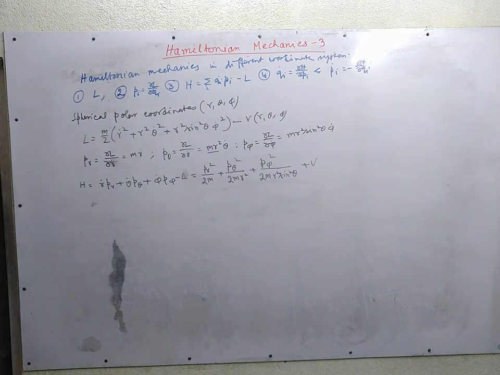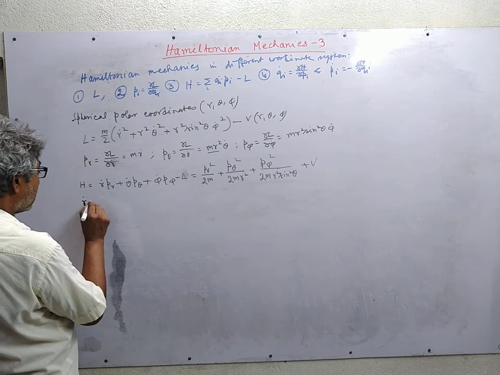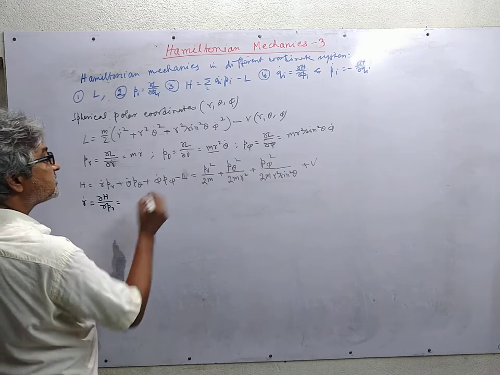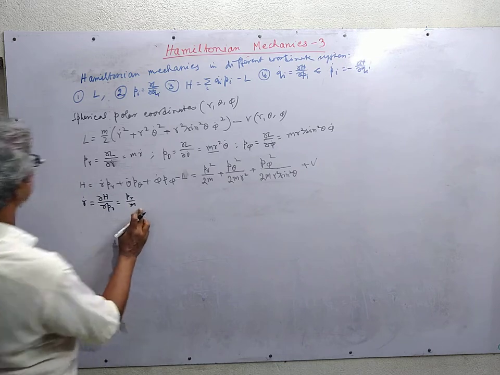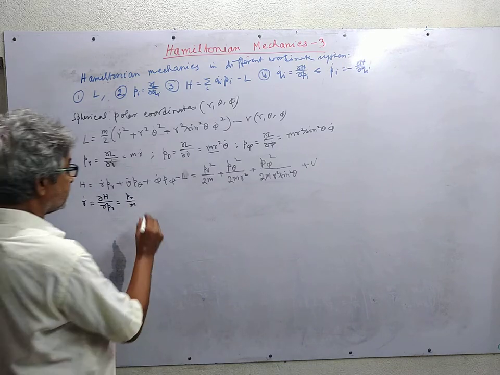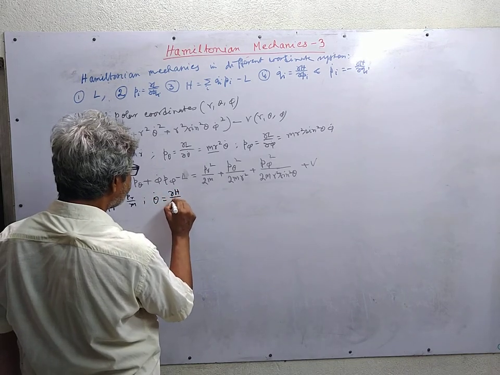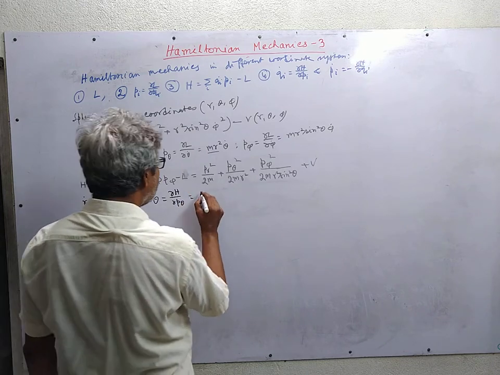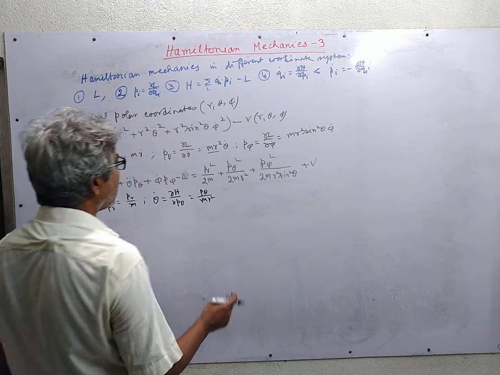Now coming to the canonical equations, r dot is del H del PR. This is simply PR by m. You check that this is the equation. Theta dot is del H del P theta, so this is P theta by m r square.